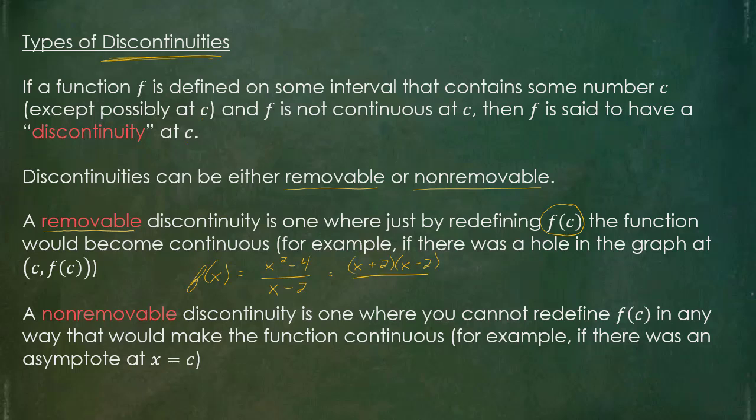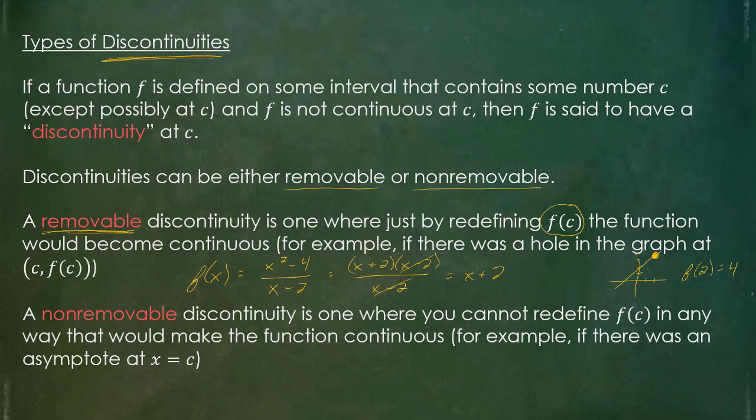This is just trying to prove why it would be a removable one: the x minus 2's cancel out, giving me x plus 2 as really what that function is, which would be a line if I were to sketch a graph of it, but it would be undefined at that positive 2 value. Positive 2 plus 2 would be up here at 4. There would be just an open hole right here. So if all I had to do was let f of 2 equal 4, that would fill in that hole, and now it would be defined everywhere. Hence why that would be considered removable.